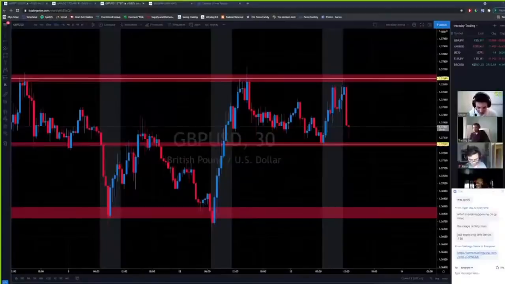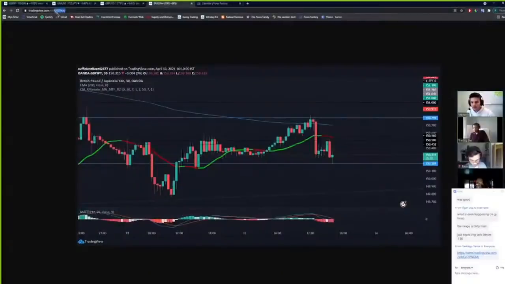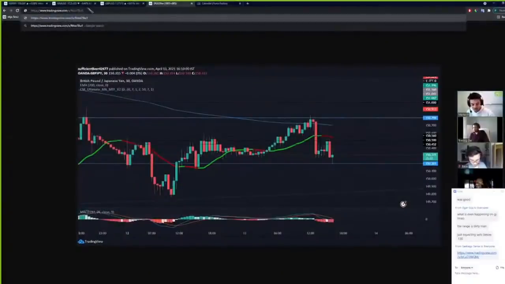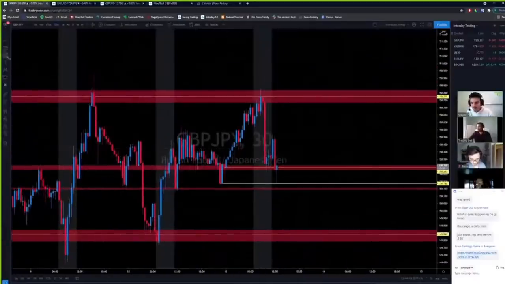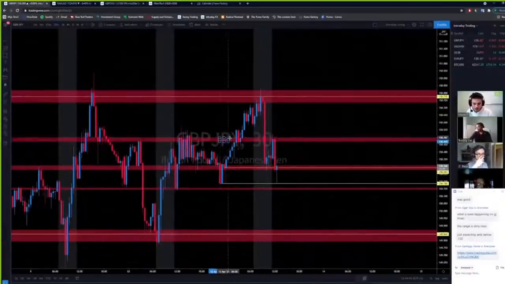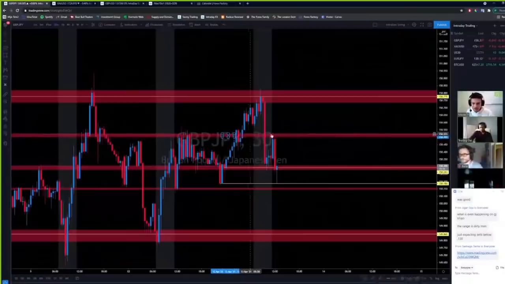Let's check this chart. Potential buys above 0.50 to the resistance and 0.800 pound yen. That's also an option over there that you have. This seems like an important level over here too.